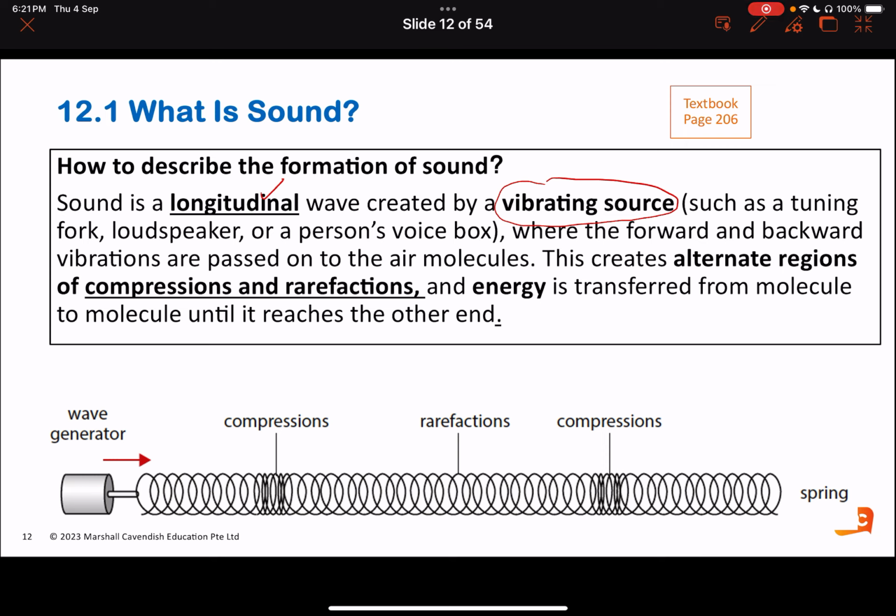It might be your hand pushing forwards and backwards on the slinky coil. This part you need to contextualize. Then it creates alternate regions of compression and rarefaction. And lastly, mention the key point about a wave, which is transferring energy. So you just need to write out these key ideas in your blank.